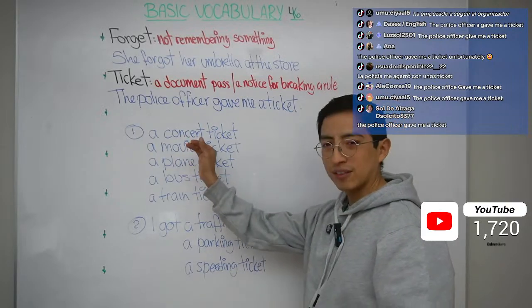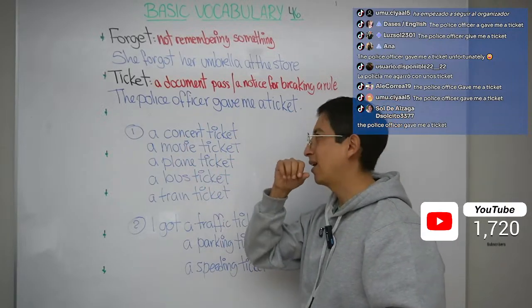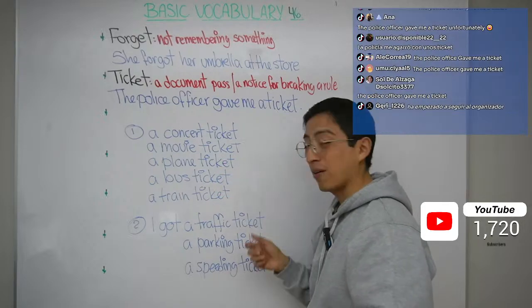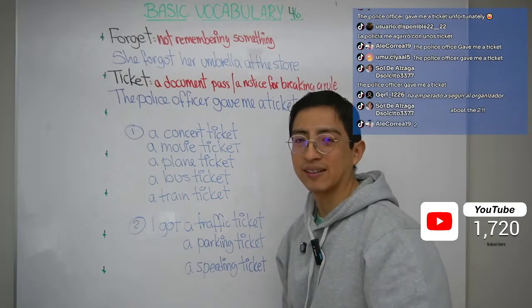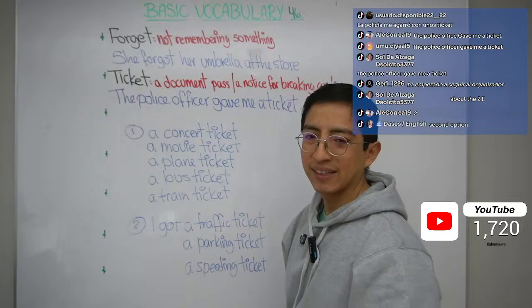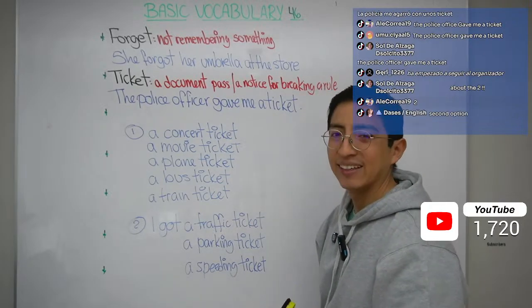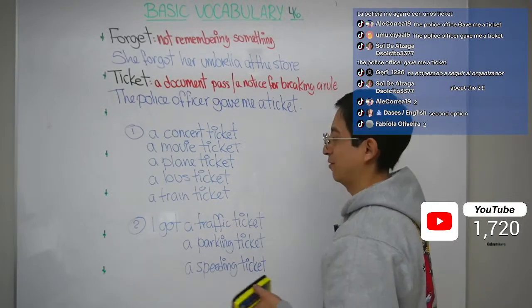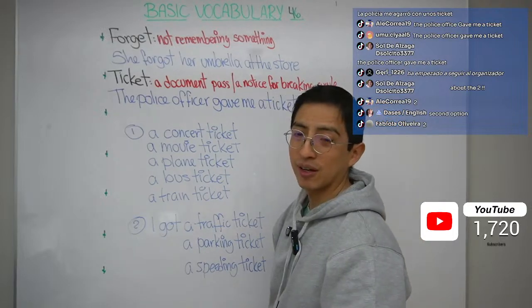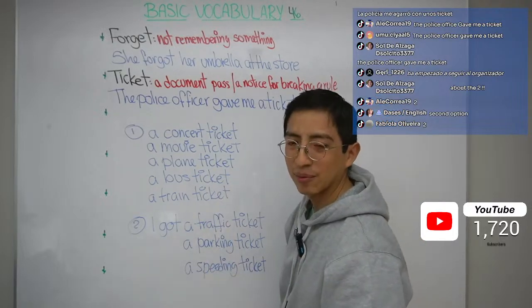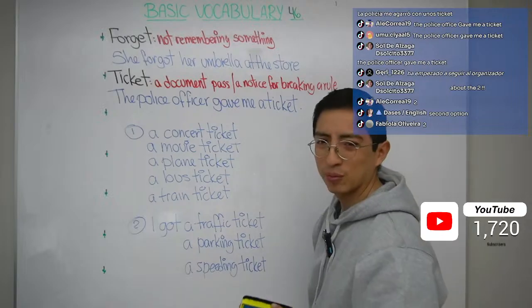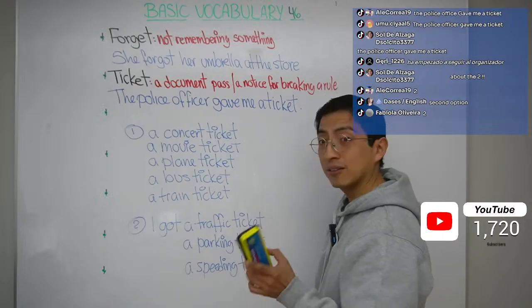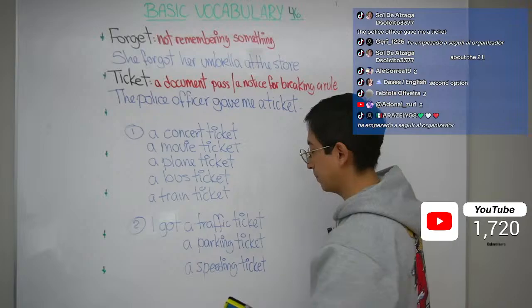The police officer gave me a concert ticket, a movie ticket, or a traffic ticket. Which one do you think it is? Yes, the second option, right? Yeah, it would be crazy if a police officer gives you a concert ticket, for example, or a bus ticket. That would be crazy. Okay, guys, let's continue with the next activity.